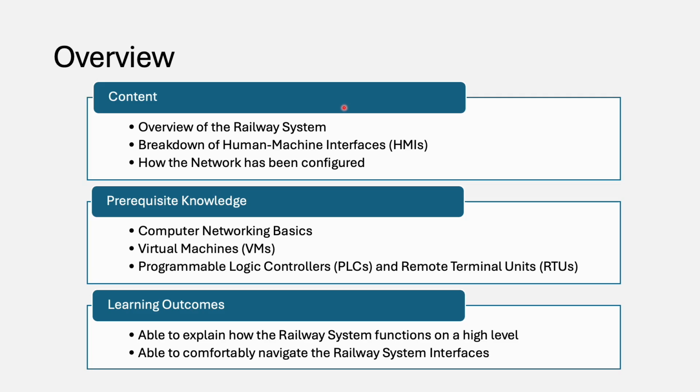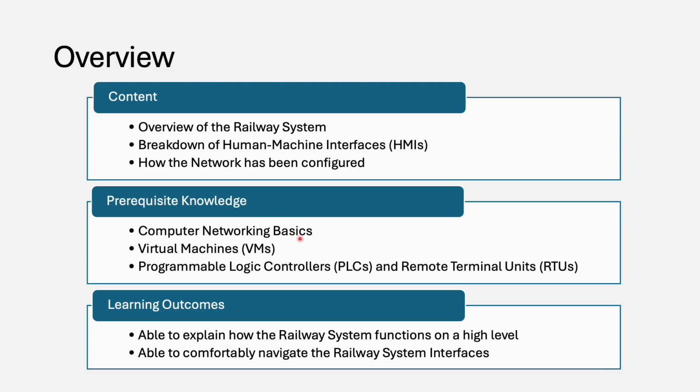Here is a quick overview of what we will be covering in this video. Today, we'll be exploring an overview of how the railway system works, what human-machine interfaces are available, and how the network has been set up. We will assume that you have a basic understanding of computer networking and virtual machines.